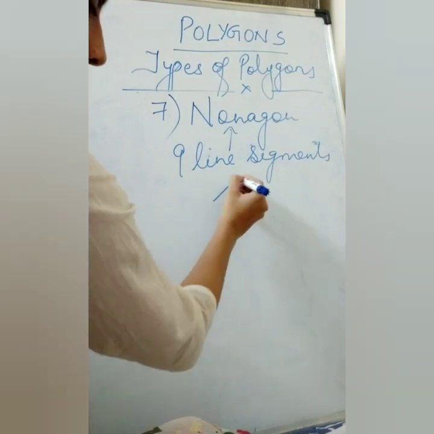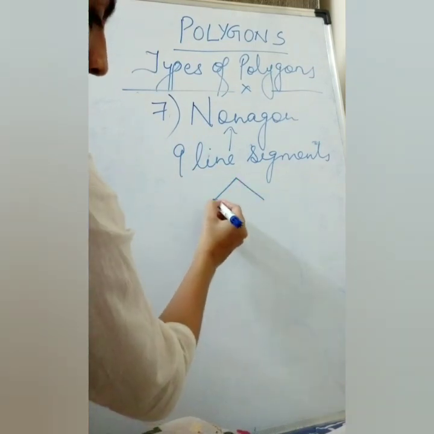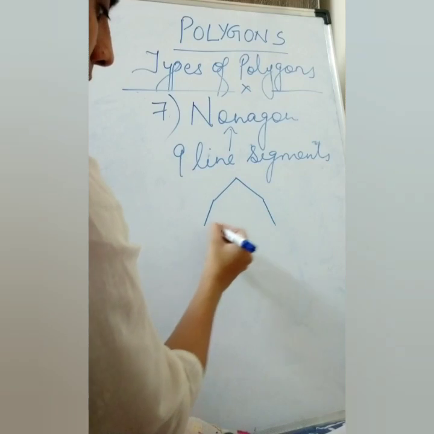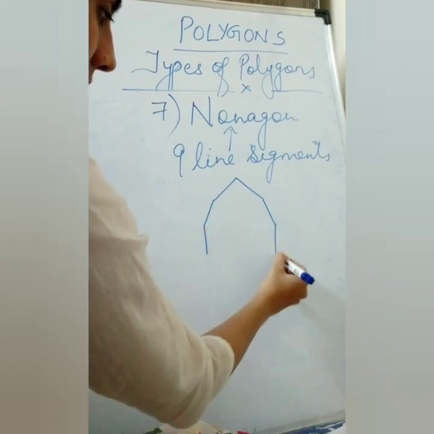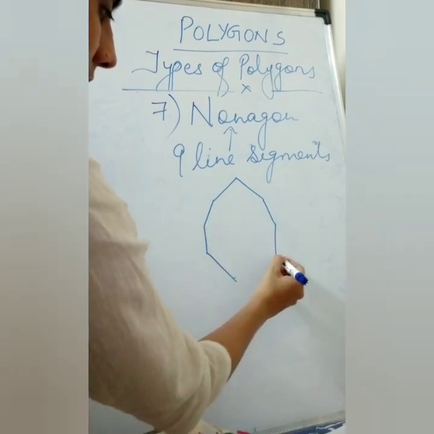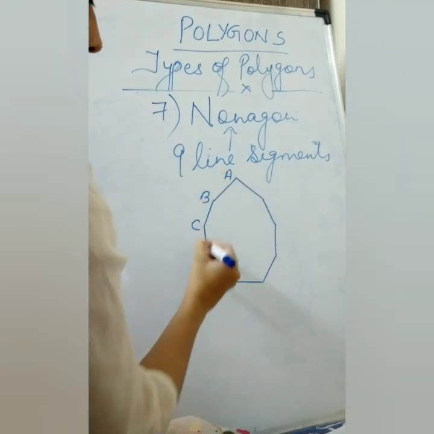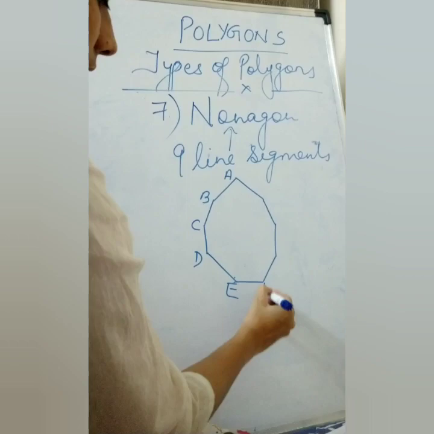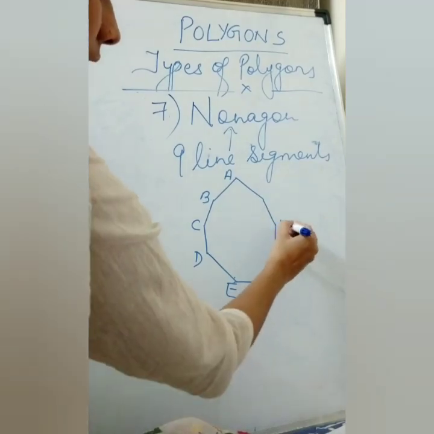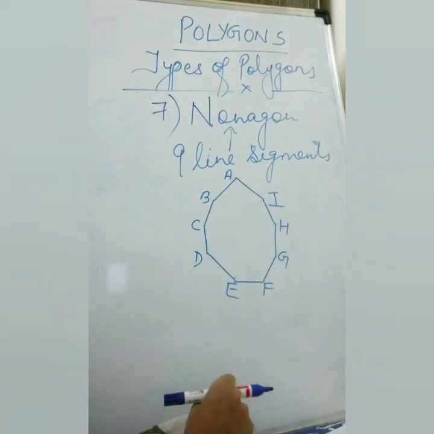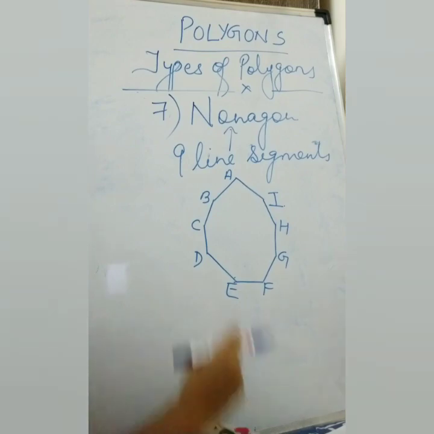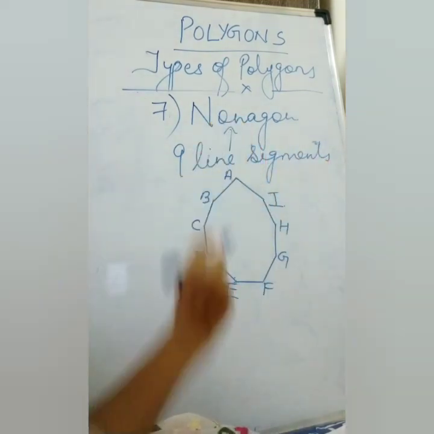So 1, 2, 3, 4, 5, 6, 7, 8, 9. So A, B, C, D, E, F, G, H, I.